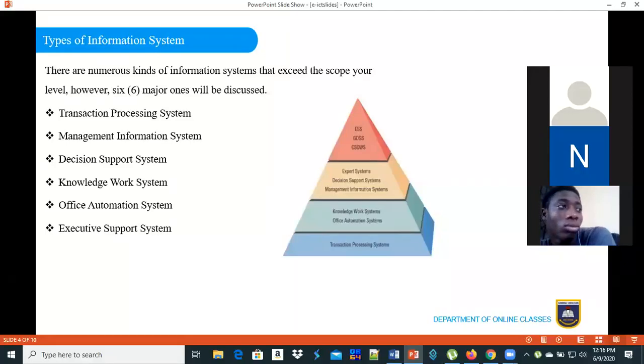You can look at any organization, and any organization on this earth has this. Because before you move to that organization, you really have to meet some people on the ground. And those on the ground are those we call the operational users or the operational workers.